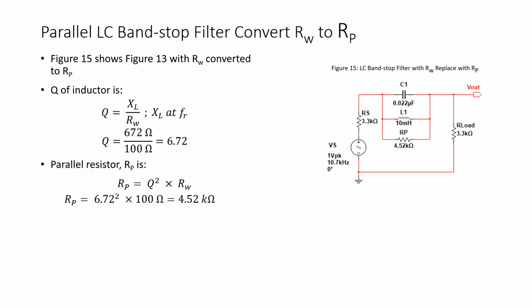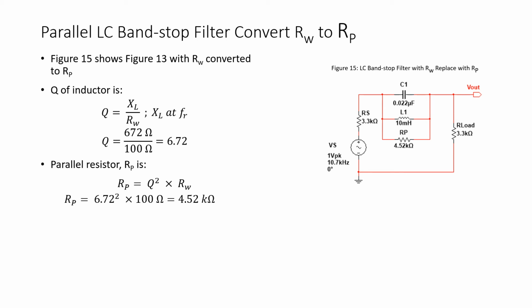Now, just like we saw with the parallel LC band-pass filter, the problem with the circuit of figure 13 is the fact that the inductive branch will not have a current at negative 90 degrees because that branch has an impedance that is less than negative 90 degrees.